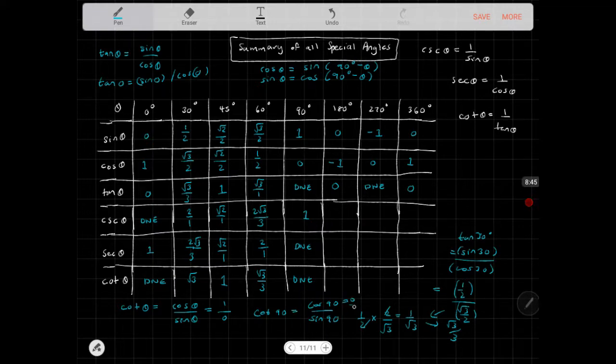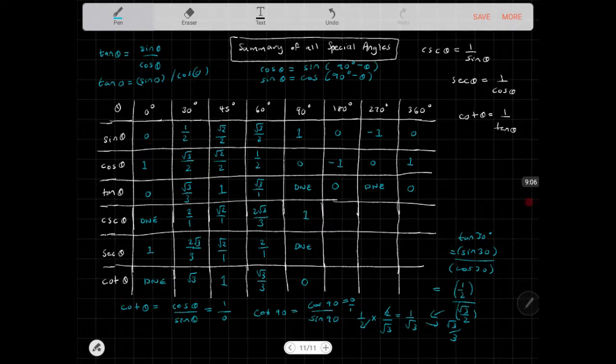And that's going to give us 0 over 1. So this actually does exist. So cotangent would actually be 0 here, right? So the restriction is gone now. So keep that in mind. In this case, cosine 90 is 0, sine 90 is 1, so that's why it will exist.